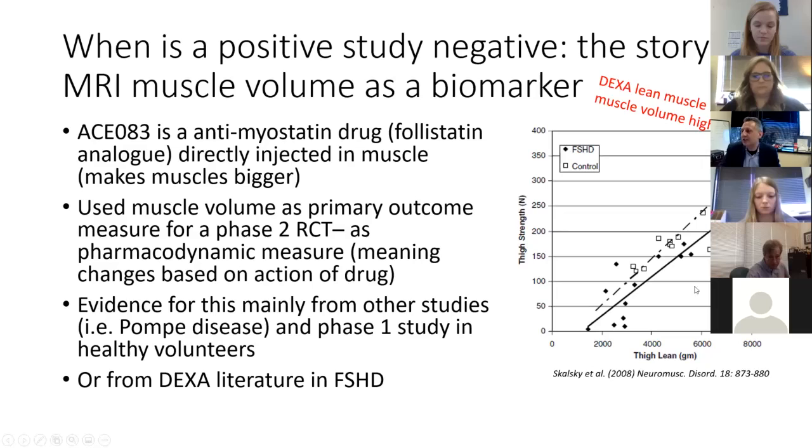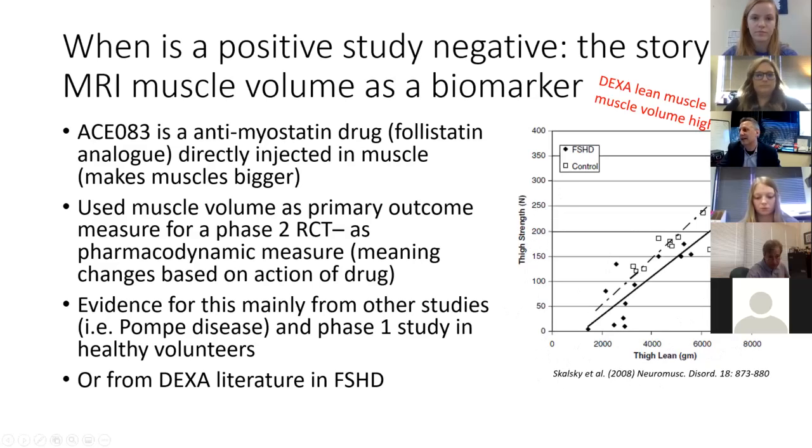And in FSHD, there was a literature of DEXA, and some of you may know DEXA is a way to look at body composition. One thing that it looks at is lean muscle mass. There's a very high correlation between DEXA measurements of lean muscle mass and measuring it using an MRI and muscle volume. And there's this old study here where they compared strength in the thigh to the lean muscle mass in the thigh.